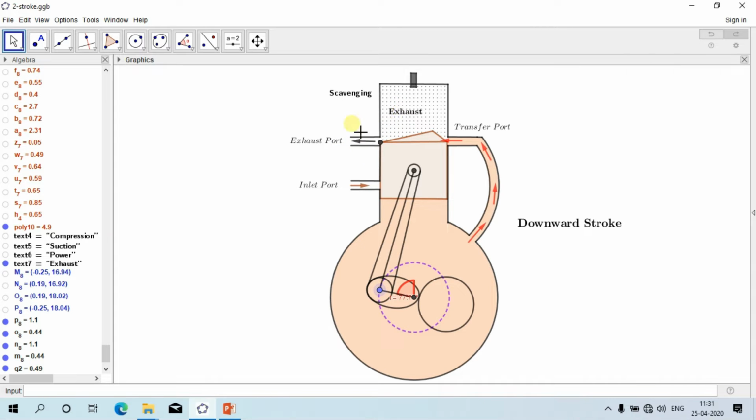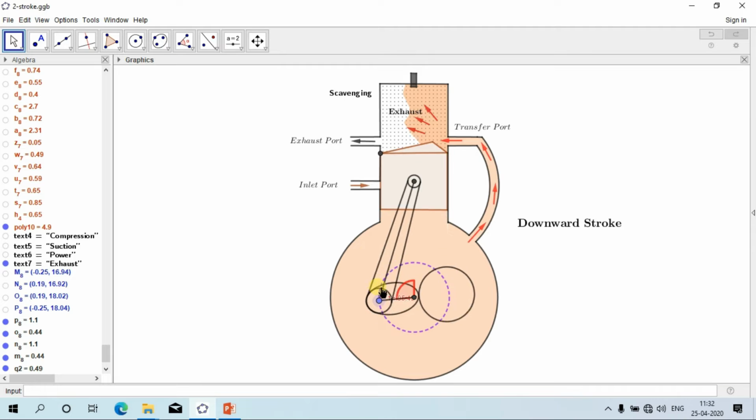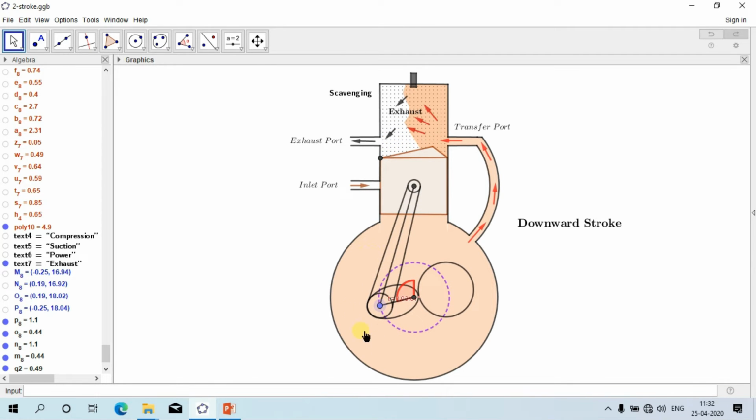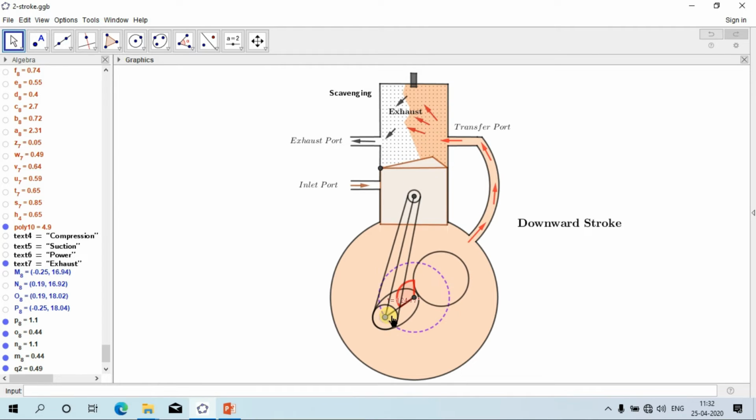As soon as this exhaust port is opened, the exhaust gases will flow out of the cylinder through this port, and the charge present in the sump or crankcase will be pushed inside the cylinder through the transfer port. Observe this. As the piston moves downward, the charge present over here is pushed inside the cylinder through the transfer port.